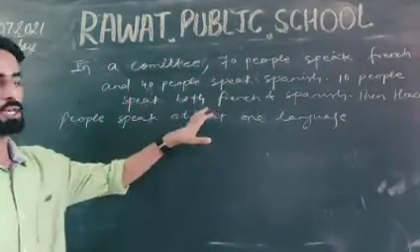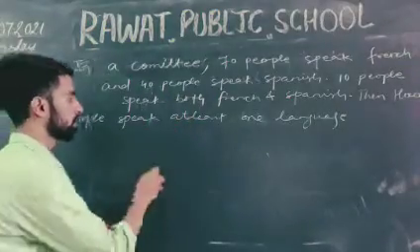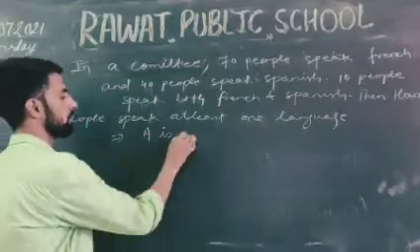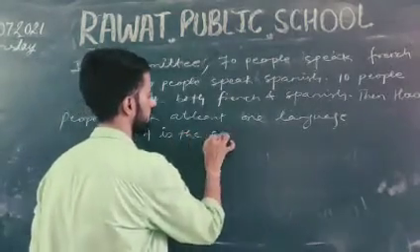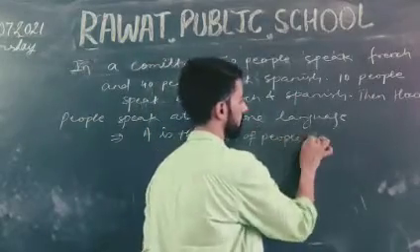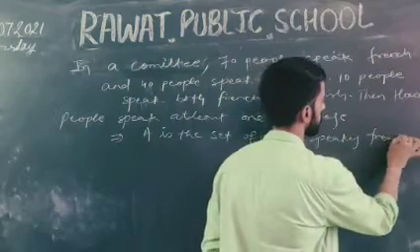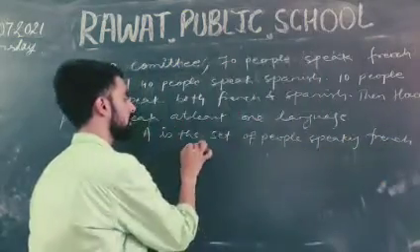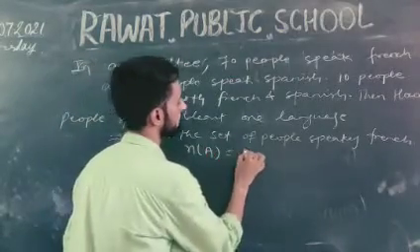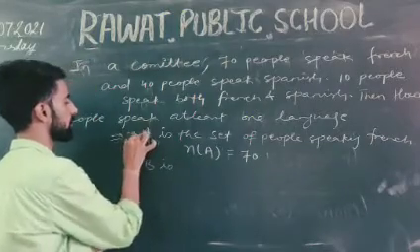So this is our practical question. We'll be using the set formula here. Let's say A is the set of people speaking French. That means n(A), the number of people in set A, is 70.